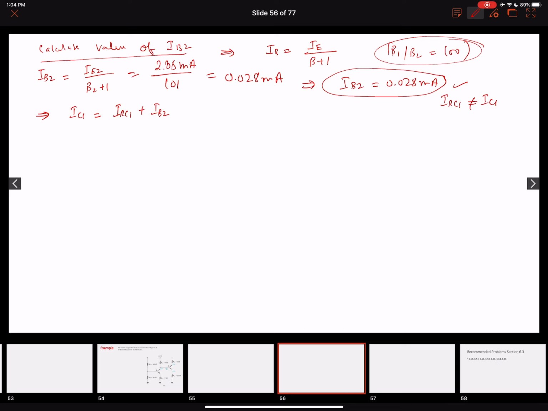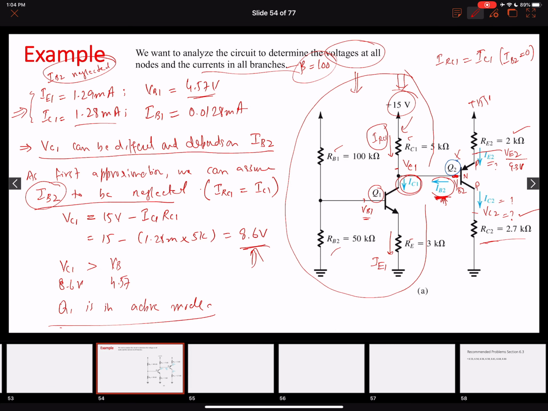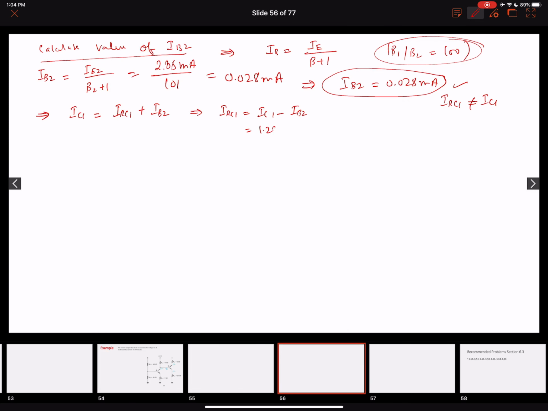So I'm interested in finding the value of IRC1, which should equal IC1 minus IB2. What is the value of IC1? IC1 is 1.28 milliamperes, minus IB2. The new value of IB2 is 0.028 milliamperes. So the value of IRC1 that we will get is 1.252 milliamperes.